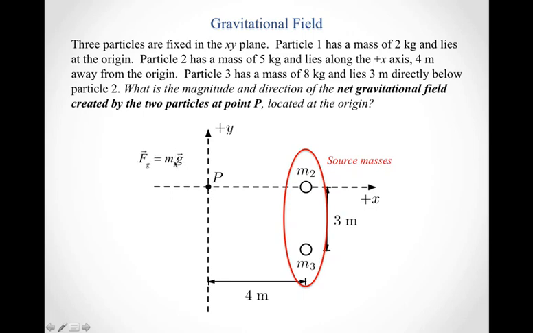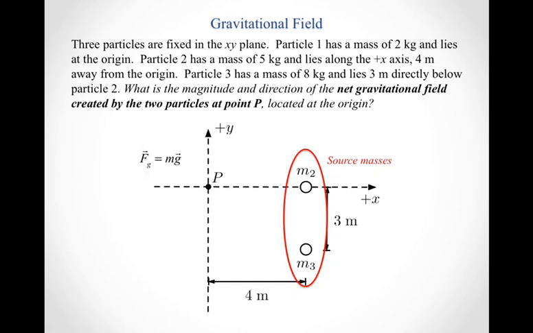Once I know that gravitational field, I can get the gravitational force acting on mass 1 at that point in space by using my F equals mg equation. And of course, that's true for mass 1, but once I know the field, that's true for any mass. Take whatever mass you want, place it at that point in space, and you can figure out what the gravitational force is going to be on that mass.